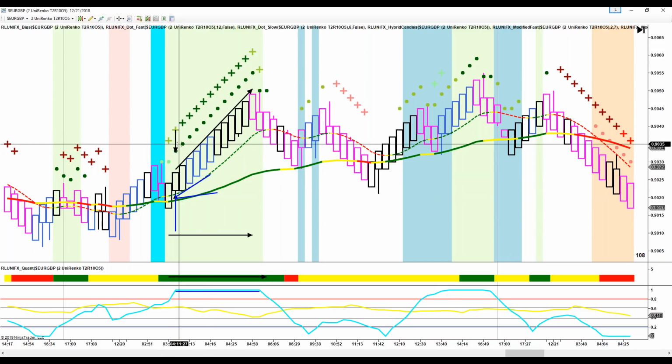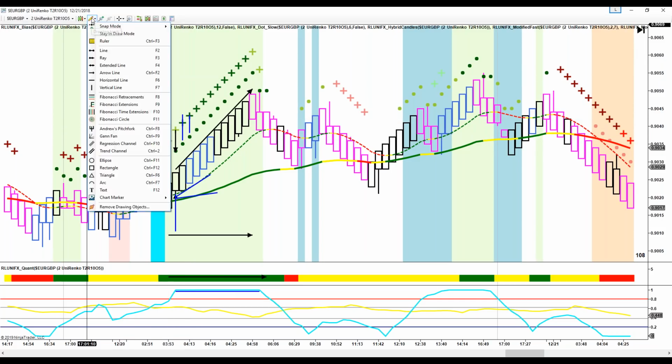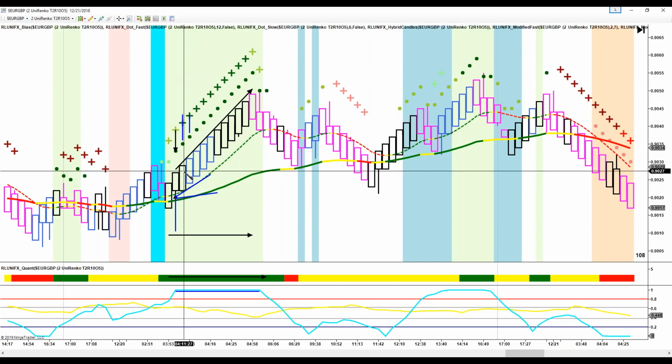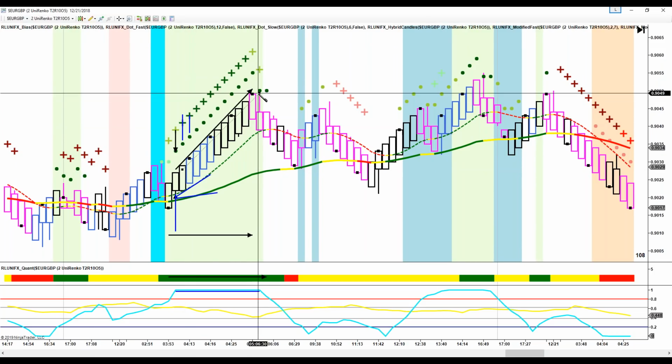The slow dot is the darkest green, and we'd like to see it as the trade matures. Both go dark green, so we know we've got the strongest uptrend in the correlative markets, and we've got a really beautiful trade.